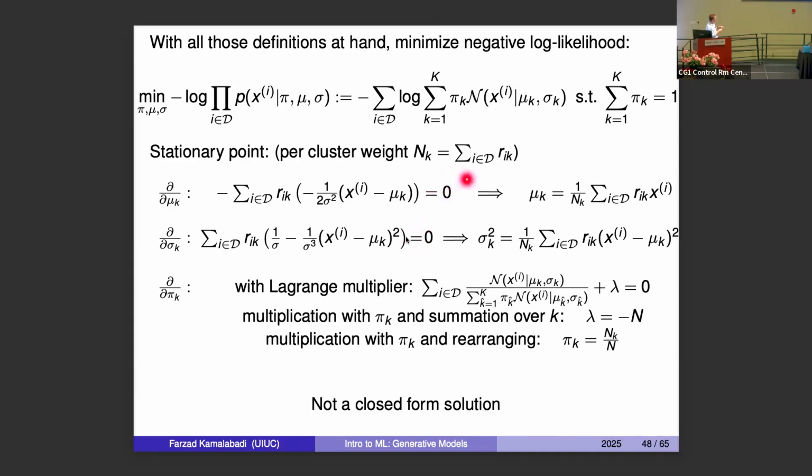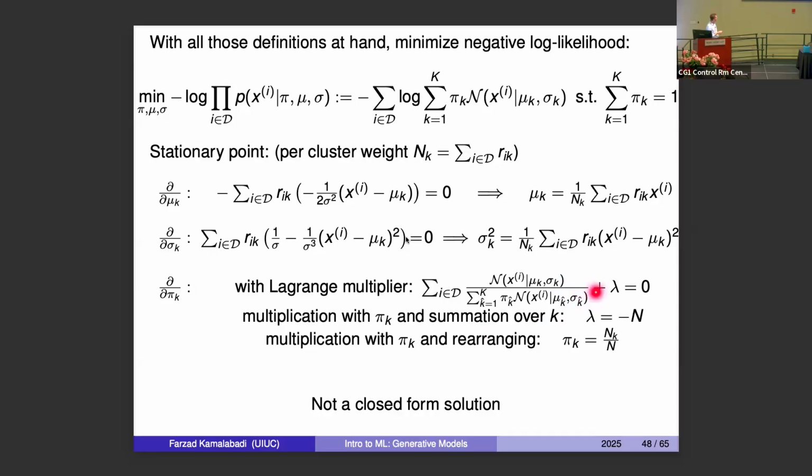I won't go through the details of it, but essentially we end up using this posterior that I just derived. And then we compute the partials with respect to mu, with respect to sigma, and with respect to pi with the Lagrange multipliers, and we sum over all k.